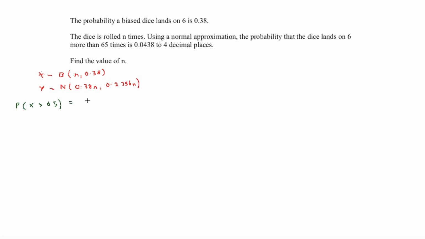So therefore you can say that the probability that x is more than 65.5 is equal to 0.0438.